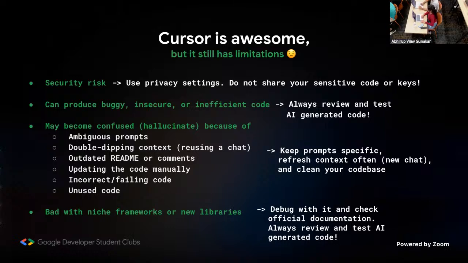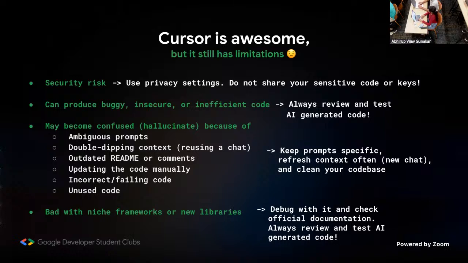But you can mitigate that by using the privacy settings and definitely not sharing your keys with cursor. It can also produce bad code. Again, if you're ambiguous with what you say, or tell it to do, or if it's getting confused because there's so much bloat either from it generating things that it's confused about, or just unused code, a lot of commented out code, it'll try and use that and be like, why did you do this?